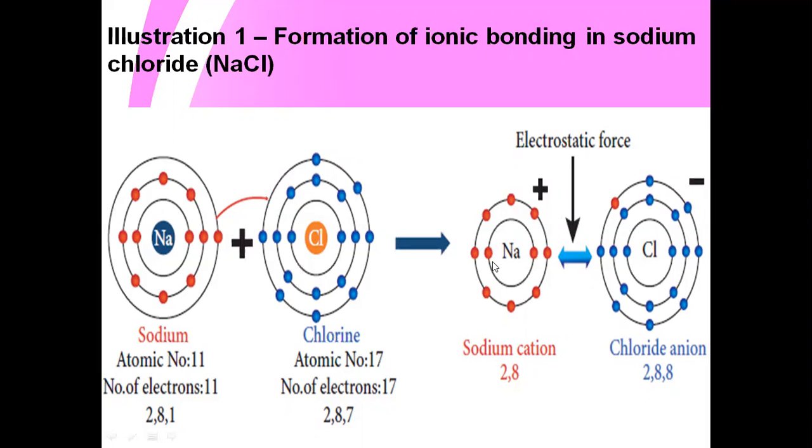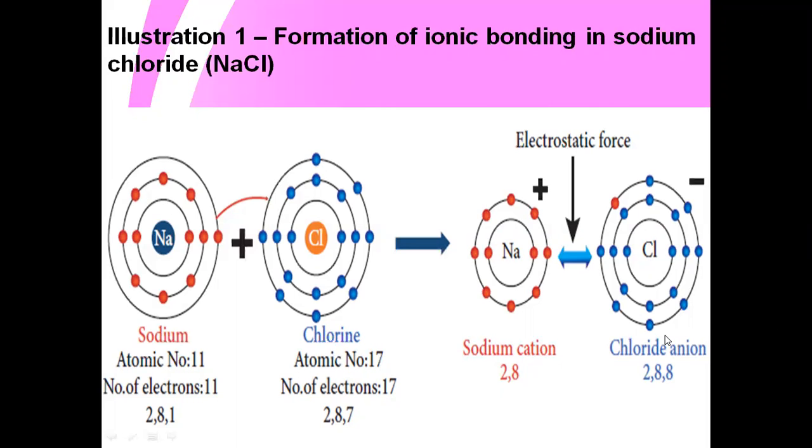So the sodium loses the electron, so it is a positive ion, that is cation. The chlorine accepts or gains the one electron, so it attains a negative ion, that is anion. So both the atoms have completely filled valence shells: sodium cation is 2, 8, because one electron is lost.